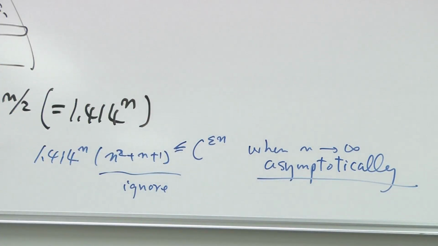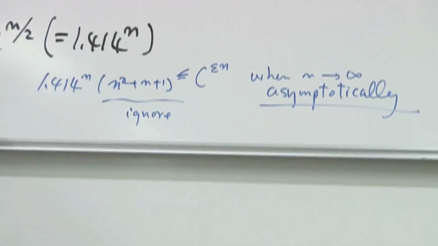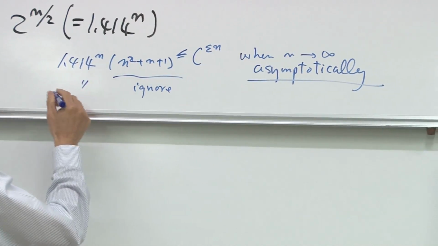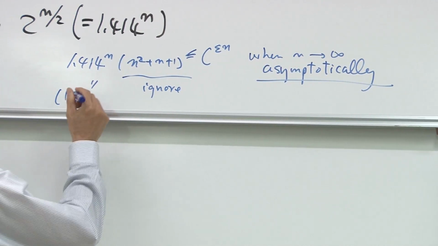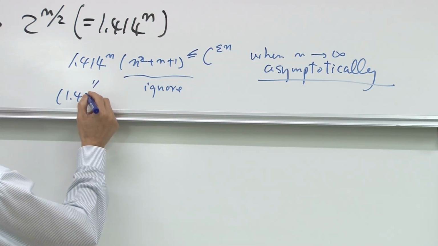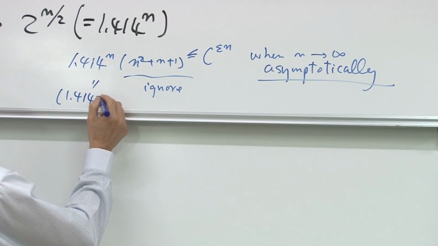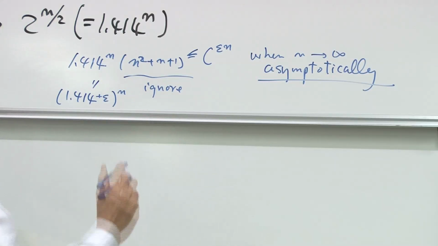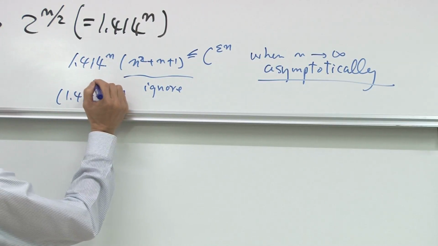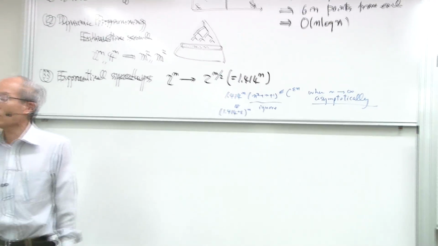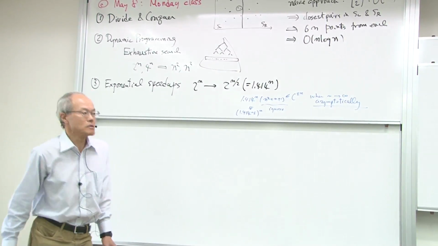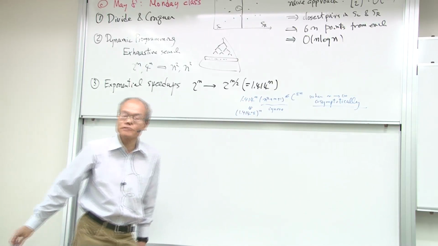So that means this whole thing can be written as something like 1.414 plus epsilon to the n, at most. But you can choose epsilon as small as you want, which means we can just neglect this epsilon part.